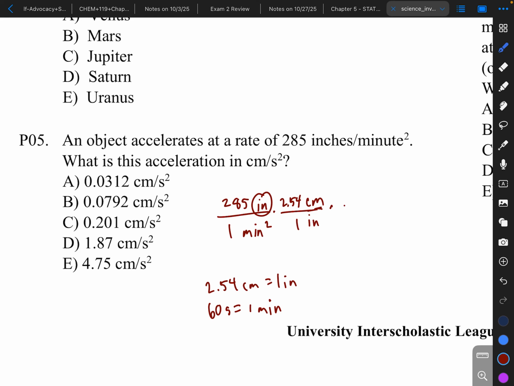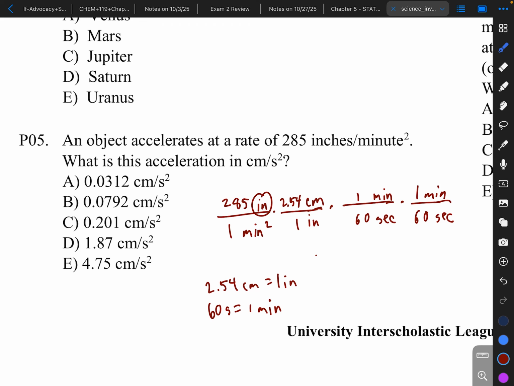And just repeat that with minutes. You want to cancel out minutes squared and replace that with seconds squared. So first, we know for every 1 minute, there's 60 seconds. And minutes is in the numerator because we want to cancel out the denominator. And because it's minutes squared, we will simply do that twice. So now we got this.